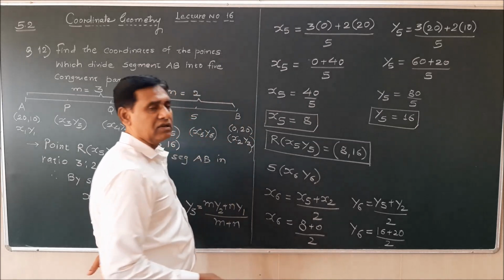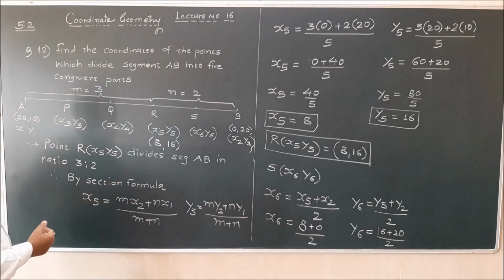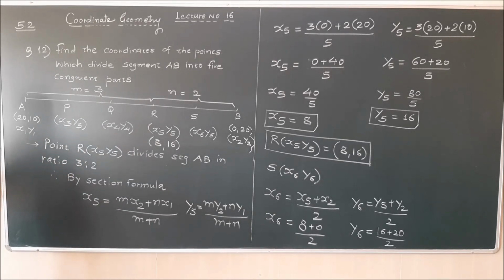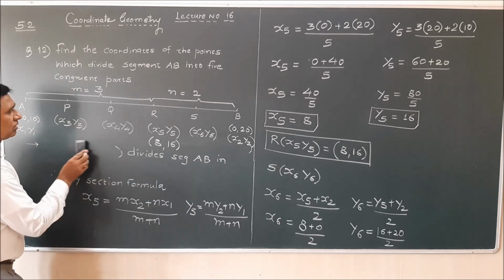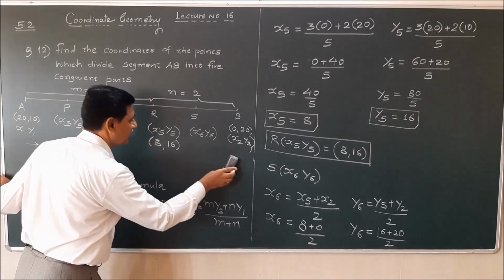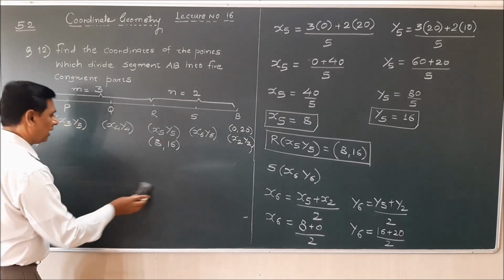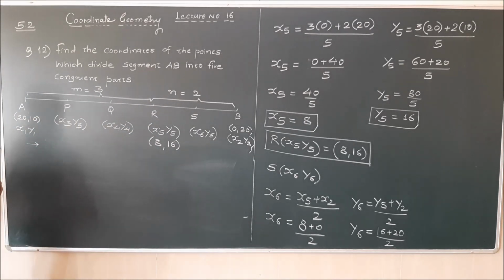I'll do the calculations on the left hand side. Please see here, this is a segment which is divided into 5 congruent parts. So far we got the coordinates of R. Now I am trying to get the coordinates of all these points. I found the coordinates of R by using the section formula. Now I will find the coordinates of the remaining points by using the midpoint formula.